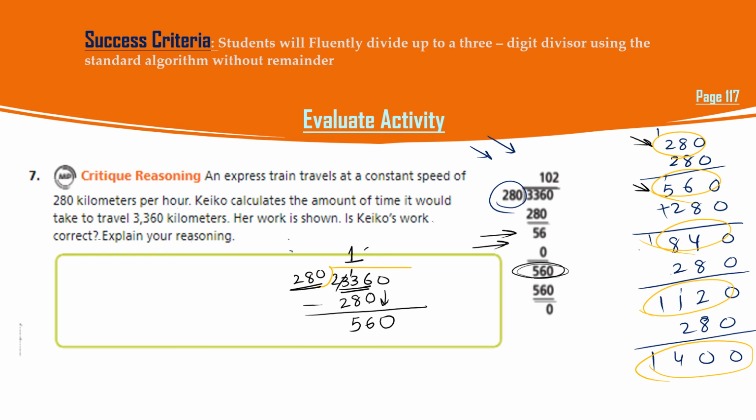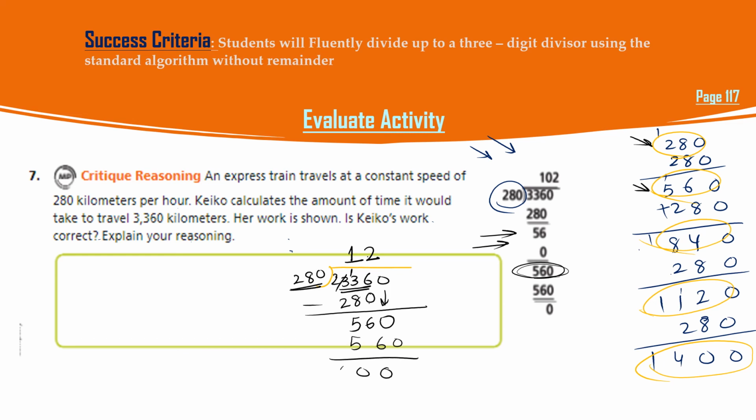Okay, then we have 2 times 280, 560. So 12. When we bring it down, 2 times 280 will give us 560.